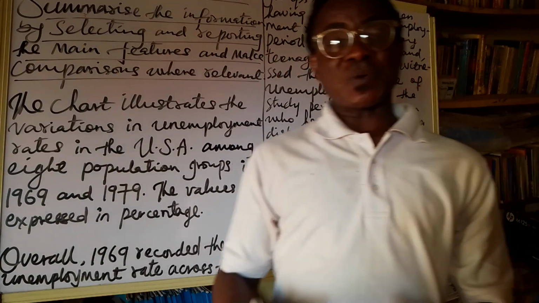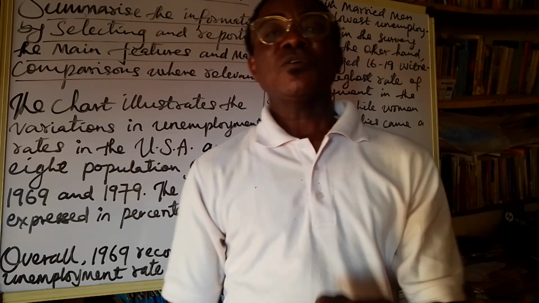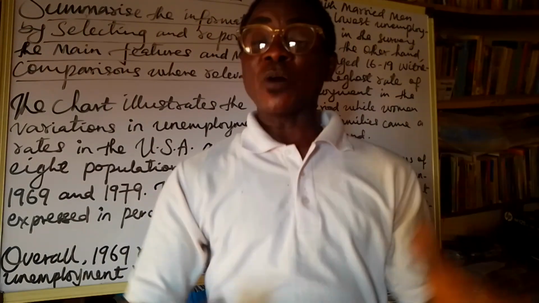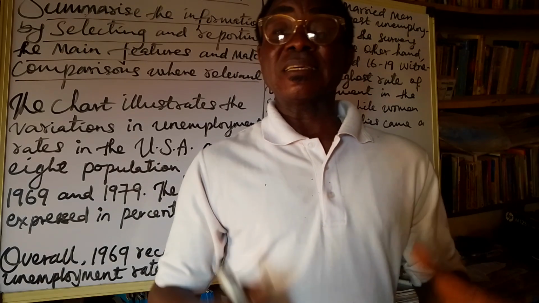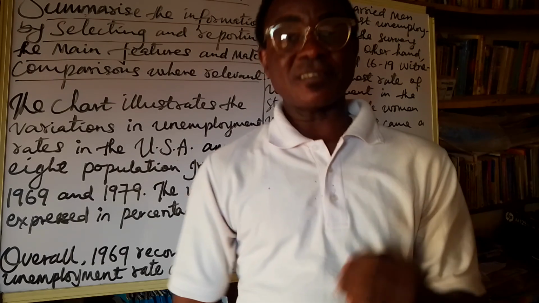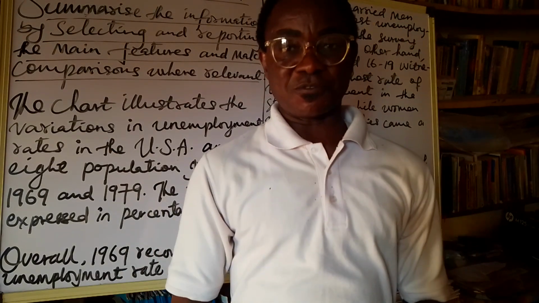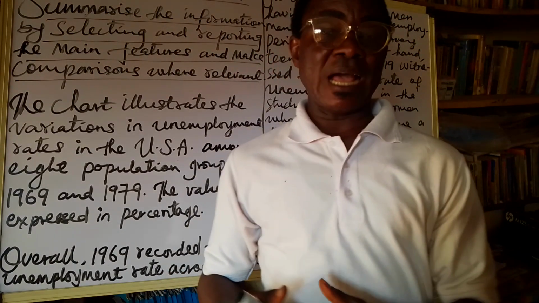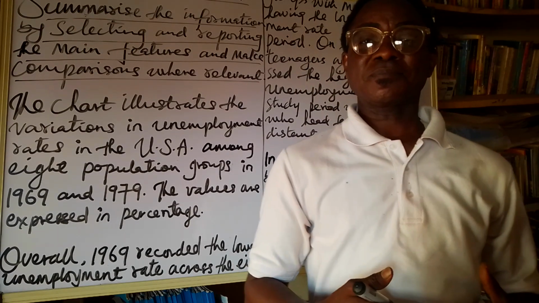The IELTS report writing Task 1 requires a word count of approximately 150 words, and it's to be written in 20 minutes. And what this entails is that the writer has to be exceptionally skillful, knowing exactly what to do at what time and what not to do at what time.